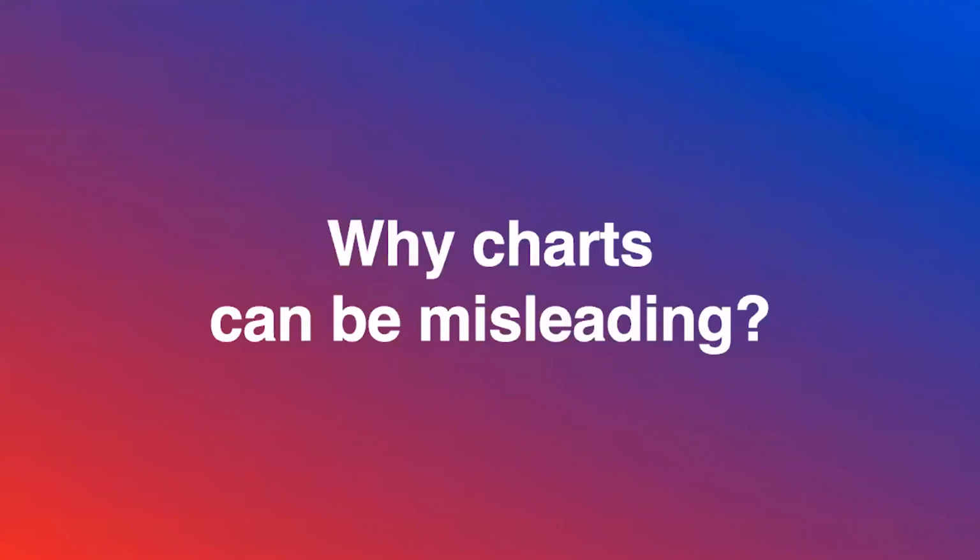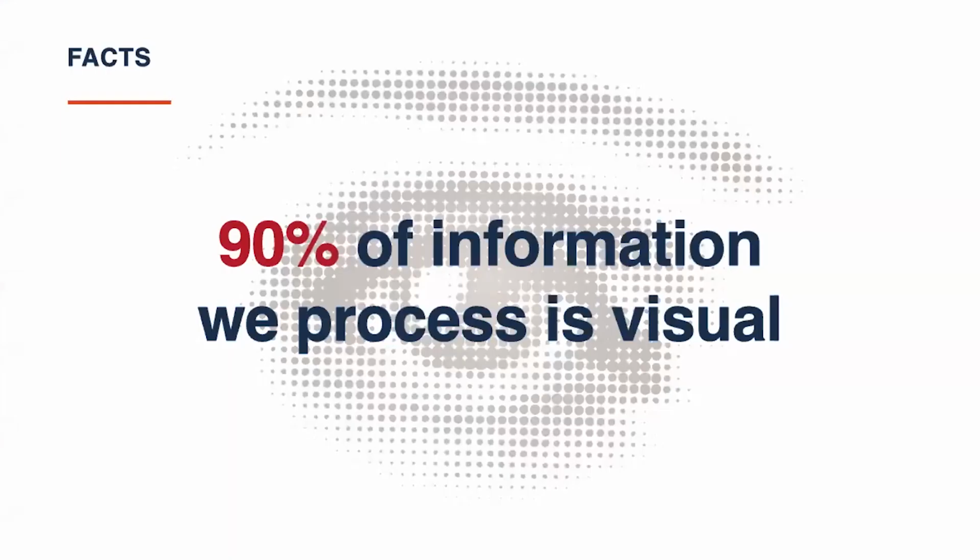All right, next about charts, because the topic is how to lie with charts, or how others can lie with charts. The first fact we should all know is that 90% of information we capture is visual, because our eyes are one of the strongest senses we have.